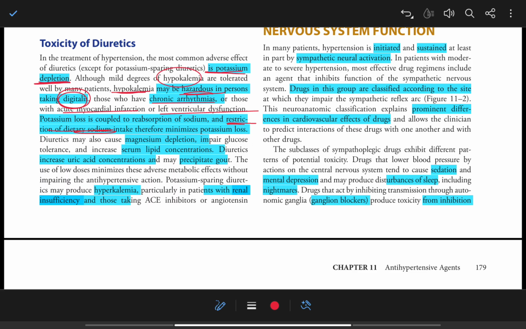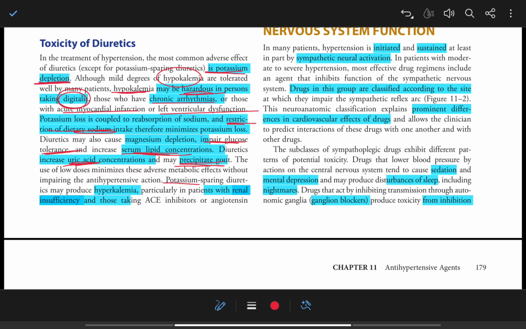Okay, so that's one thing you should take note of. Then also, as a side effect of diuretics, they increase your serum lipid level. They cause impaired glucose tolerance, okay, because they will increase glucose level, increase lipid level, and also increase uric acid level. These are some of the side effects. And when uric acid level is increased, it will what? Precipitate gout. Okay, so that's one thing you should take note of.